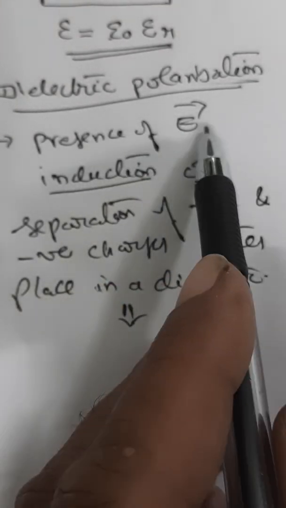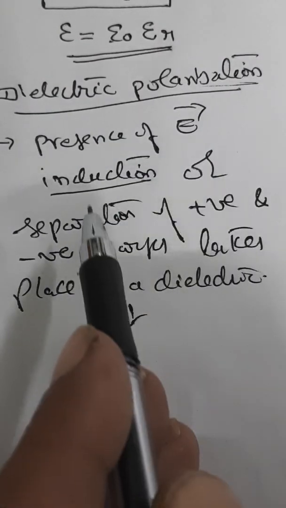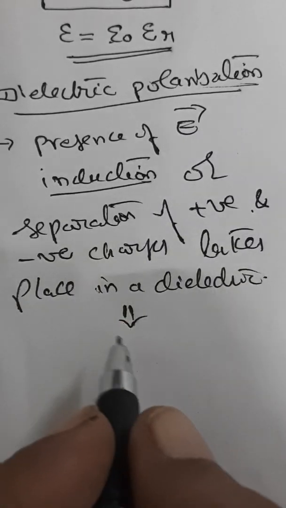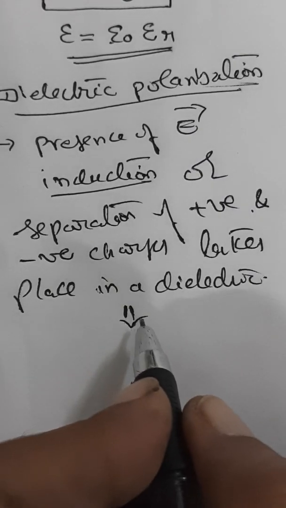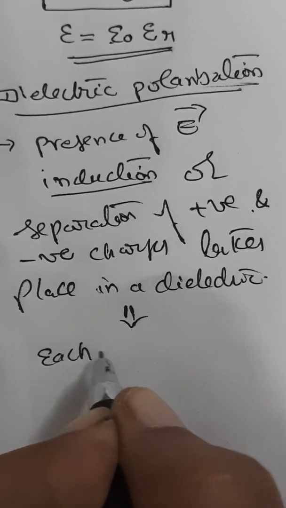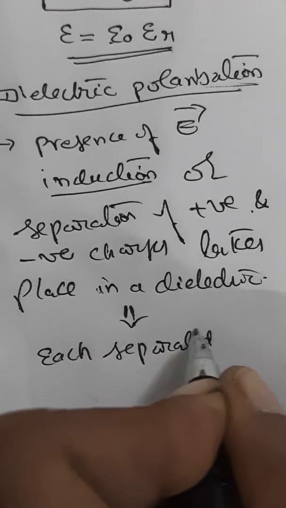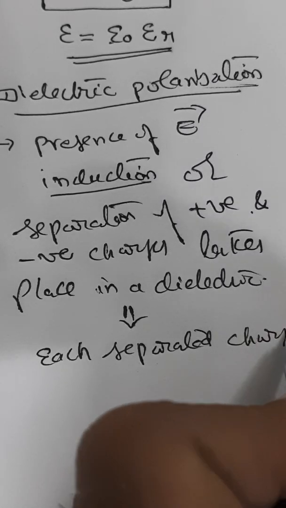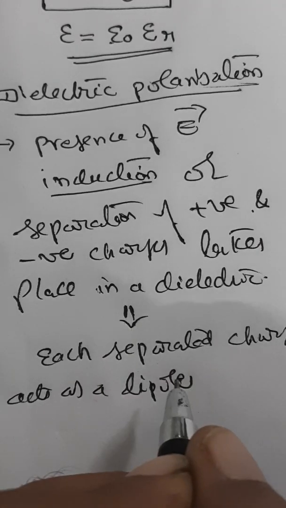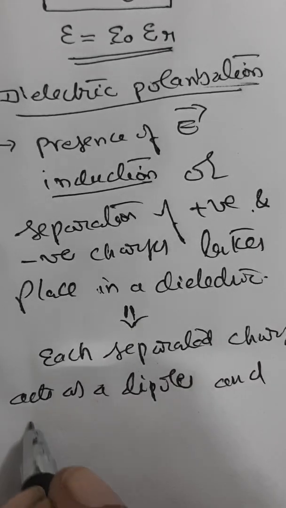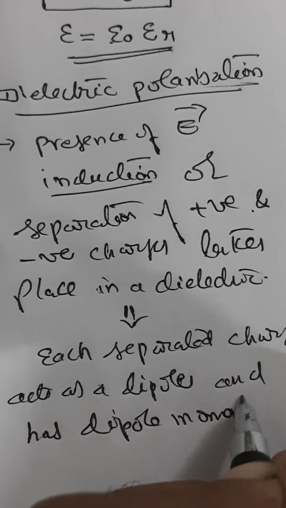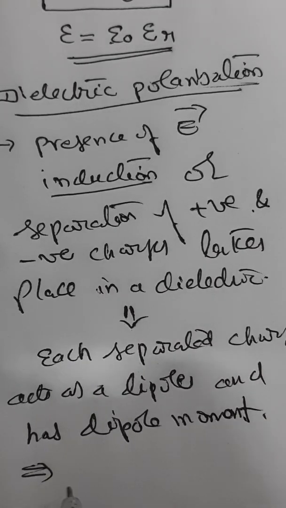The presence of electric field is causing something called induction, which is nothing but separation of positive and negative charges that is taking place in the dielectric, resulting in net dipole moment. Because of this, each separated charge acts as a dipole and therefore has dipole moment. What is dipole moment?